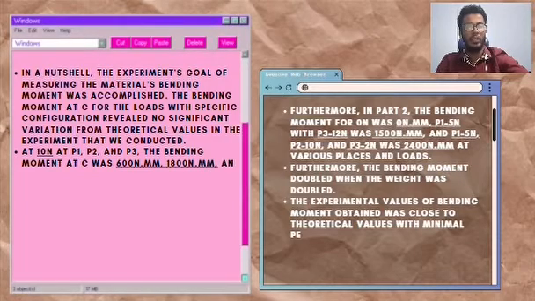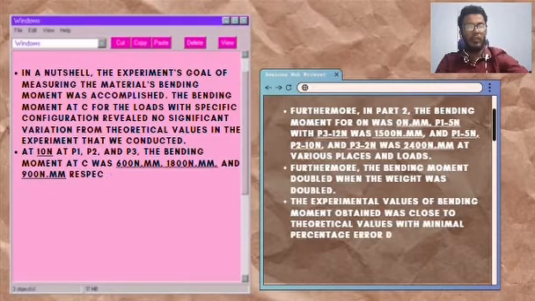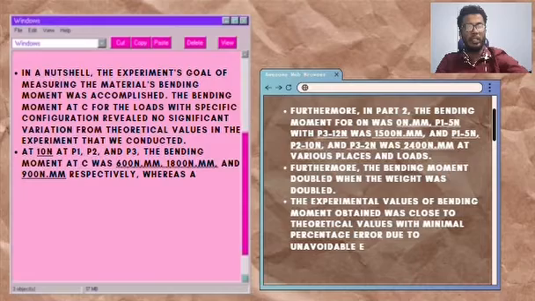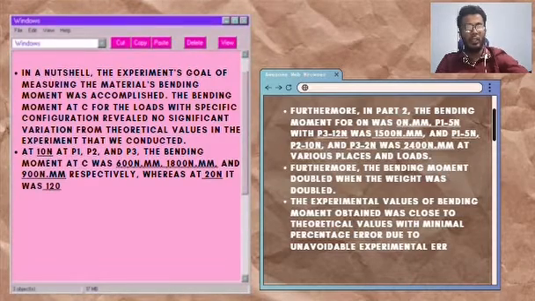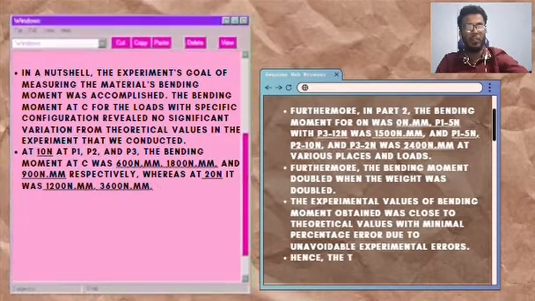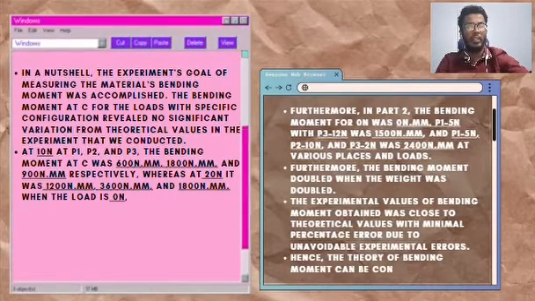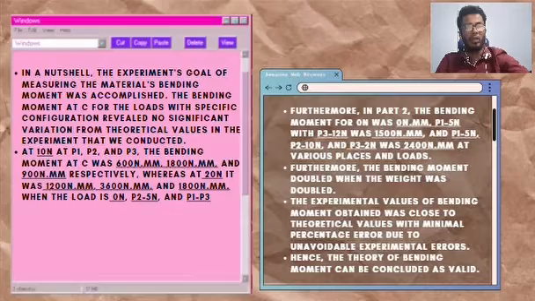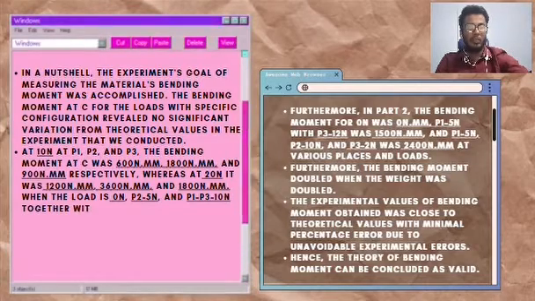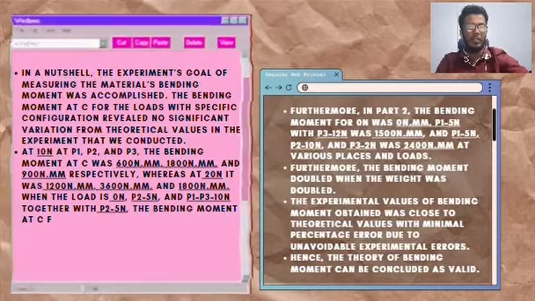When the load is 0 Newton, P2 is 5 Newton, and P1 equals P3, which equals 10 Newton together with P2 equals 5N, the bending moment at C for load configuration at part 2 was 0 Newton millimeter, 1050 Newton millimeter and 2700 Newton millimeter respectively.